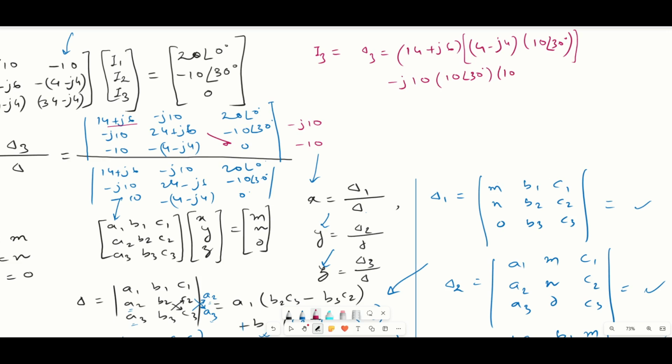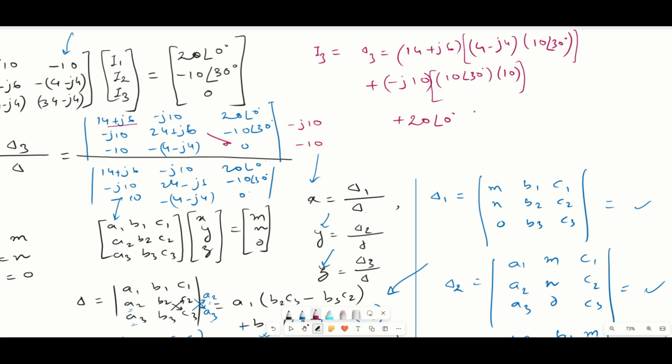multiplied by 10, then this term will be 0, then finally the last term is plus 20, this is plus j minus 10, don't get confused.